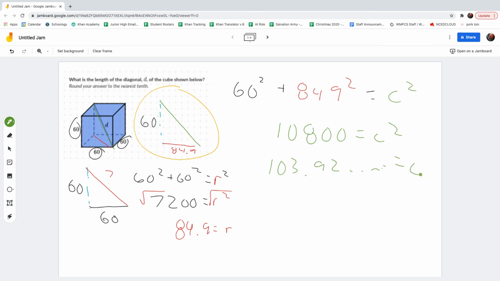Well, let's round to the nearest tenth again. Well, my tenths place is here, so that 2 tells that 9 to stay the same. So my final answer for this side is going to be 103.9, and nope, it doesn't have a unit, so 103.9 is our final answer.